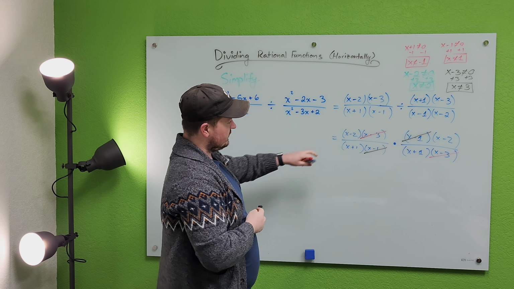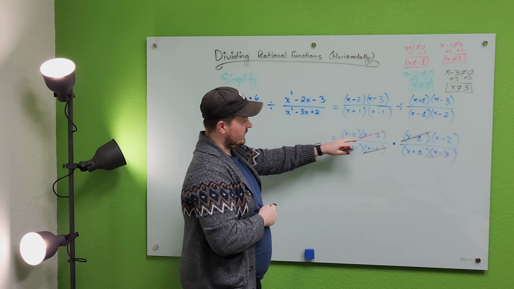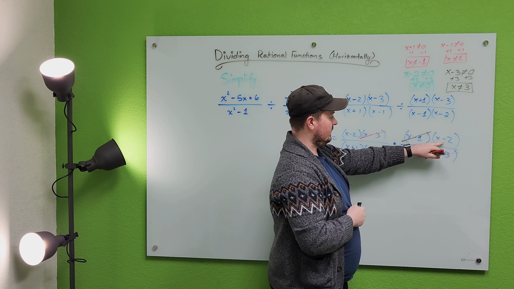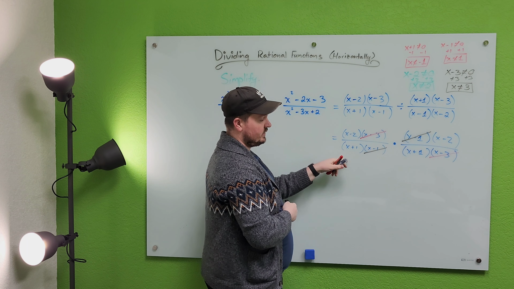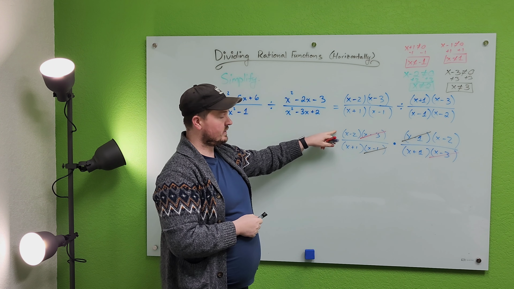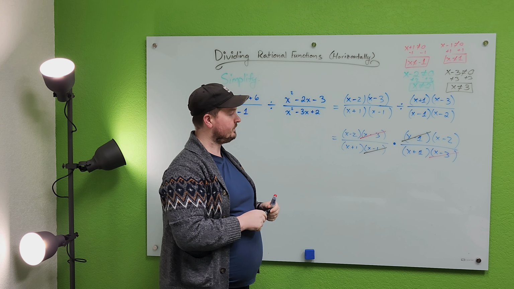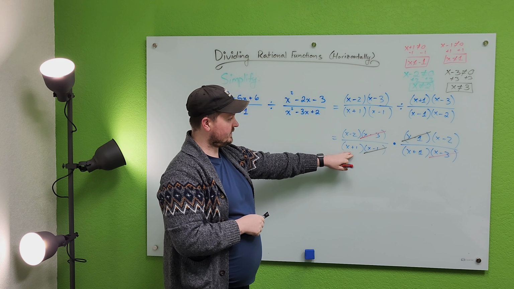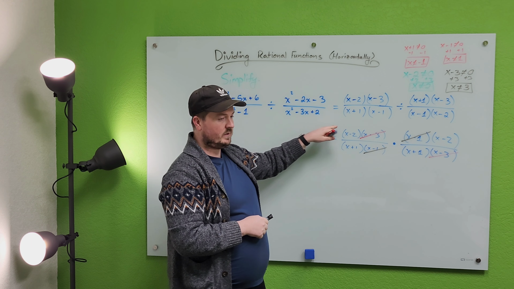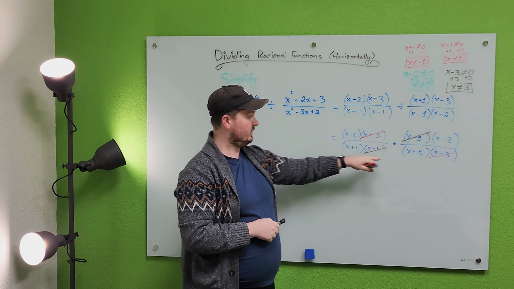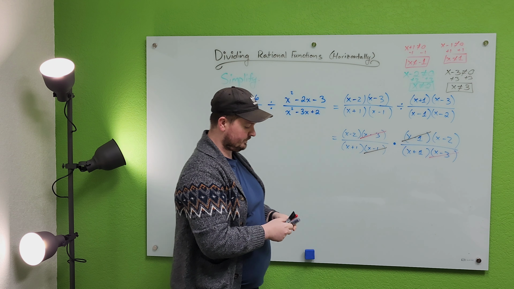Now, notice there's an x minus 2, and there's another x minus 2 over here. But these are each in the numerators. We don't have x minus 2 in the denominator, so these x minus 2s do not cancel. Similarly, both x plus 1s are in the denominator. We don't have anything in the numerator, so those do not cancel either.